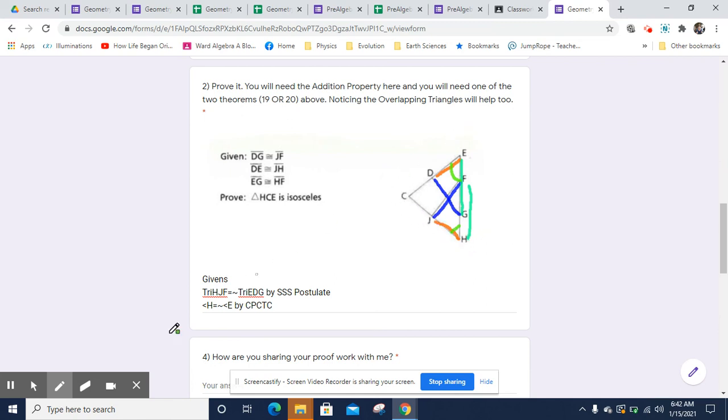And now we can say that these sides opposite are congruent. I'll pick purple here for this.